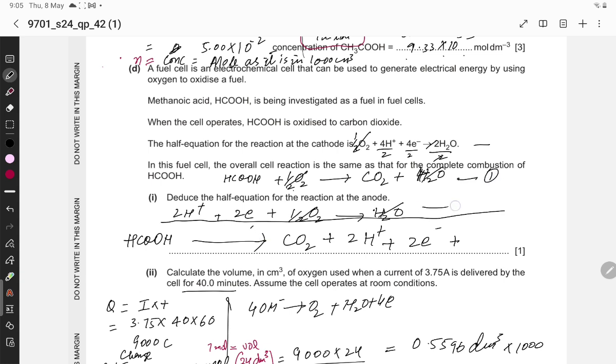This is the first equation, this is the second equation. 2H positive plus 2 electrons to form plus half O2. Half O2 is cancelled, and water is also cancelled.